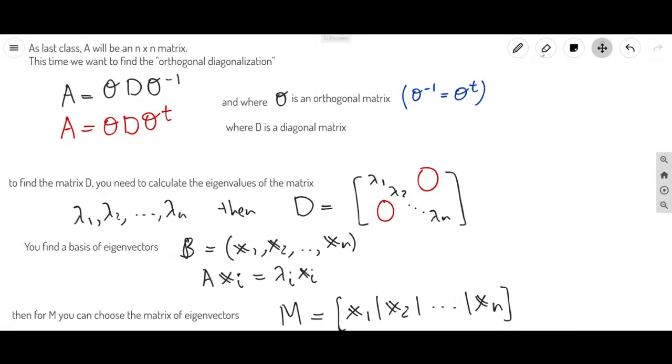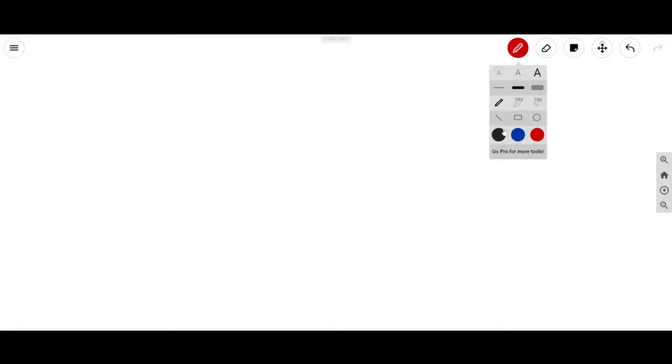So let's begin by asking this question. We mentioned that not all matrices, again, we're talking about square matrices, can be diagonalized.